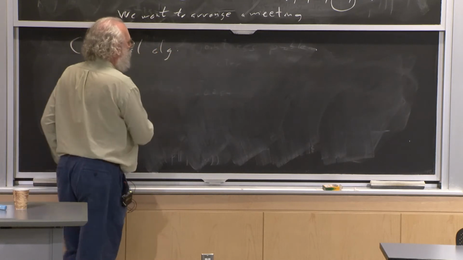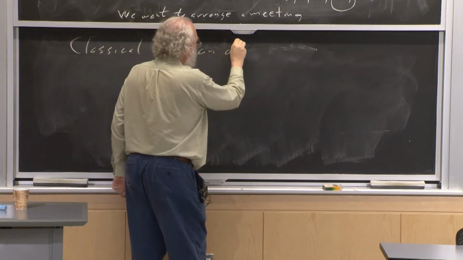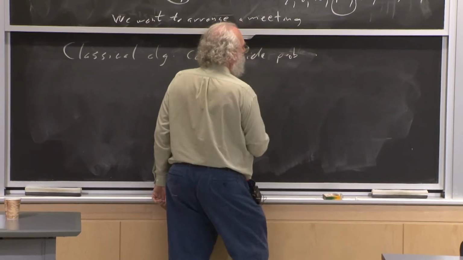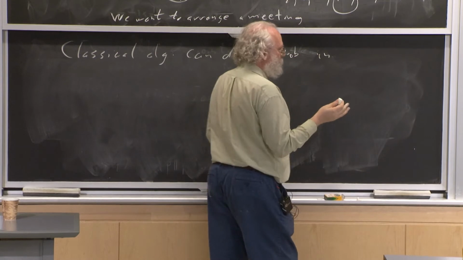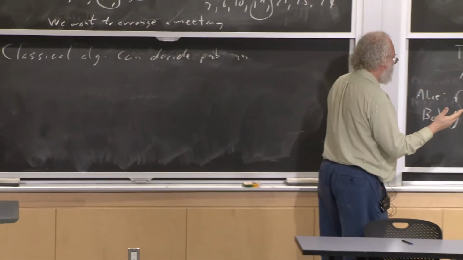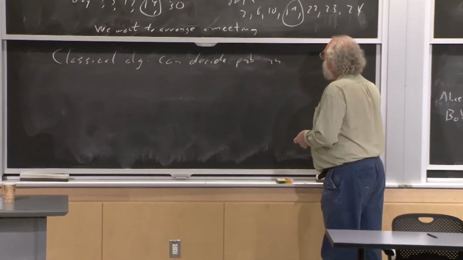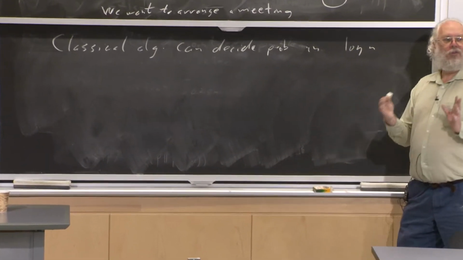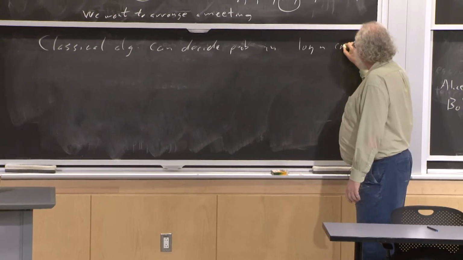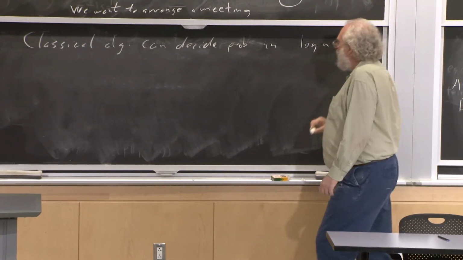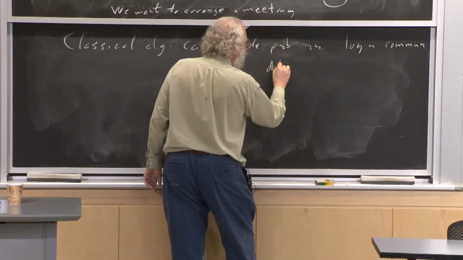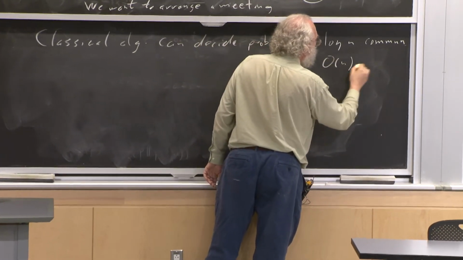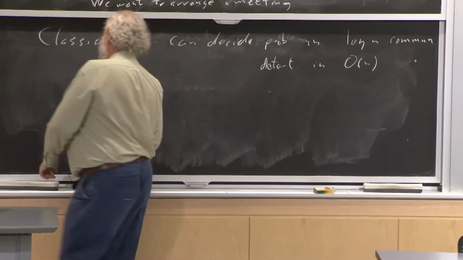A classical algorithm can decide probabilistically in log n time, and actually log n bits of communication, and deterministically in O of n bits of communication.